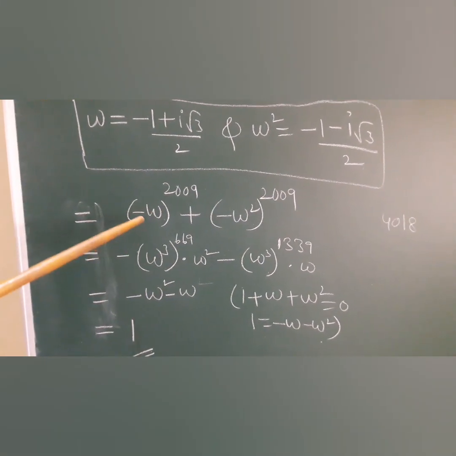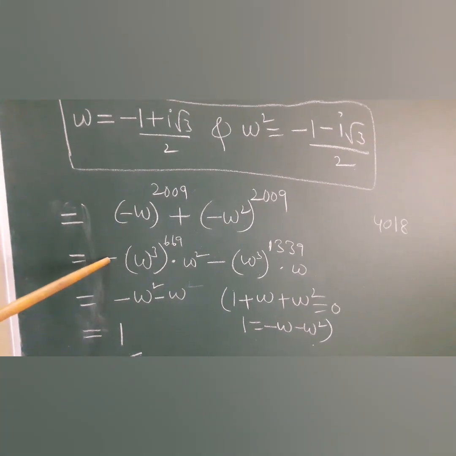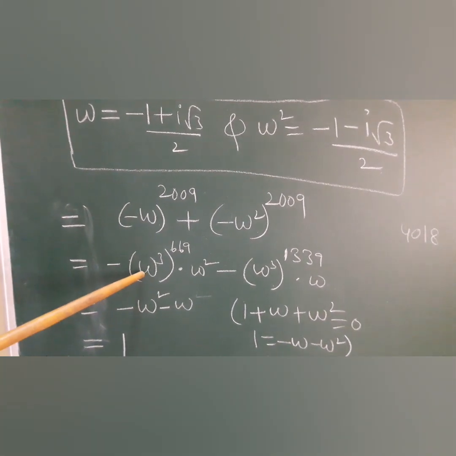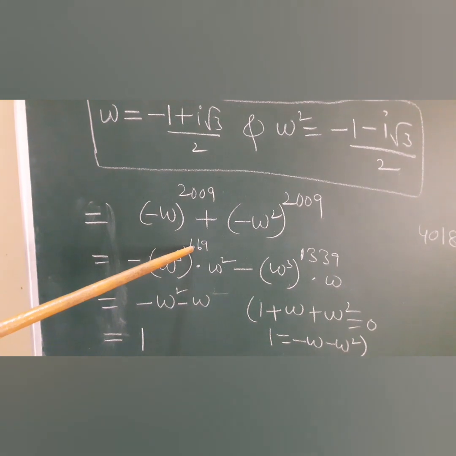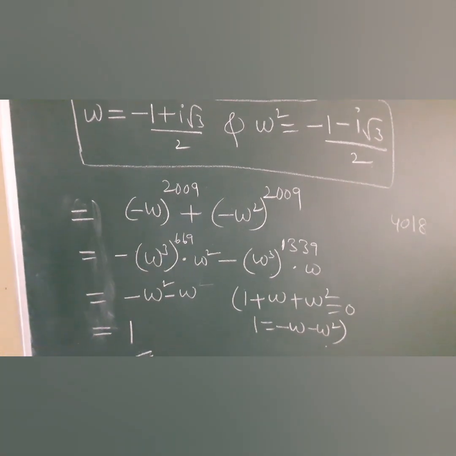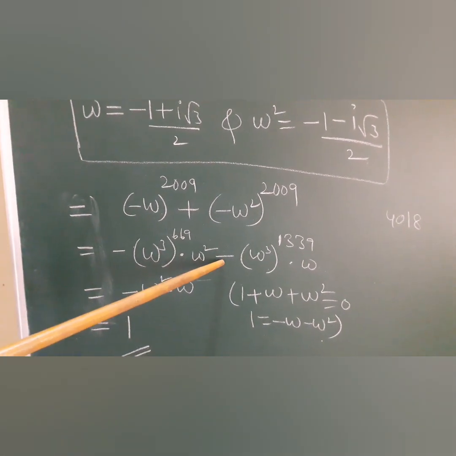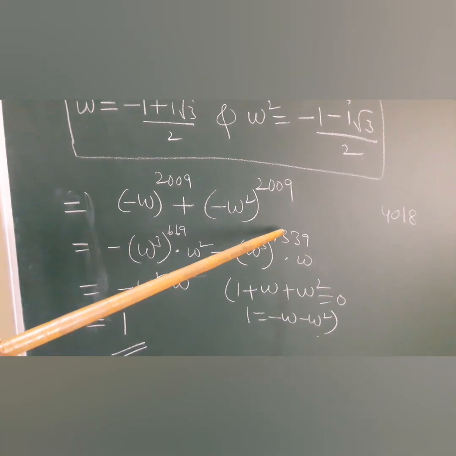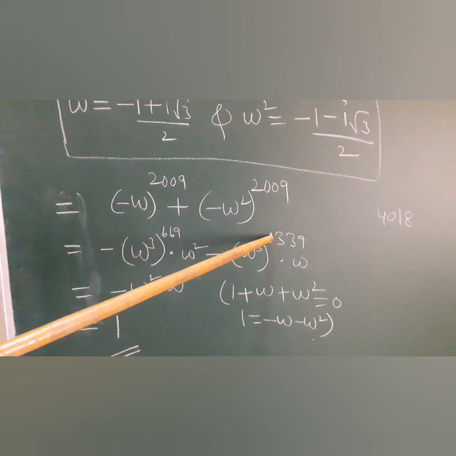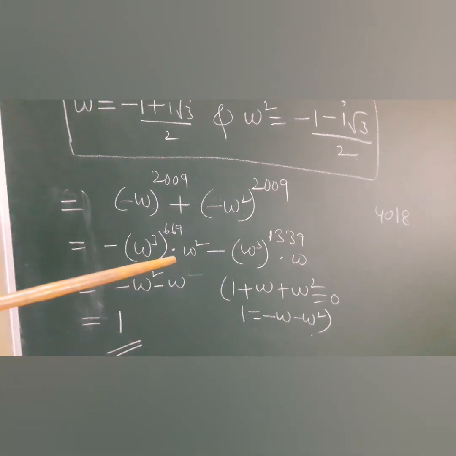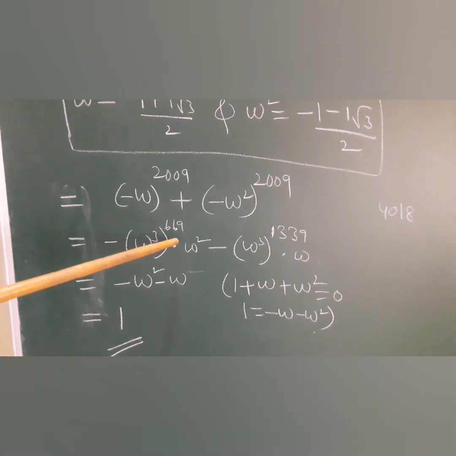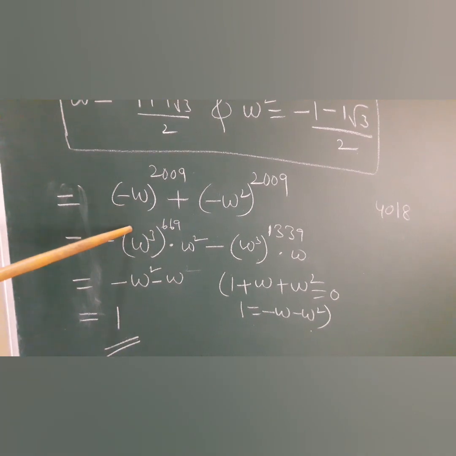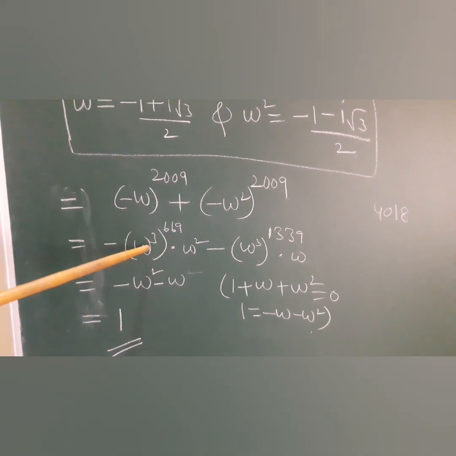So that means minus of omega cube whole to the power of 669 into omega square, minus omega cube to the power of 1339 into omega. This becomes 1 because omega cube is 1.